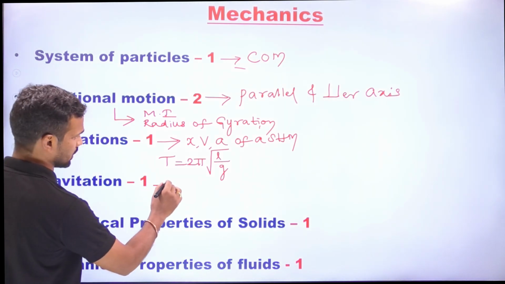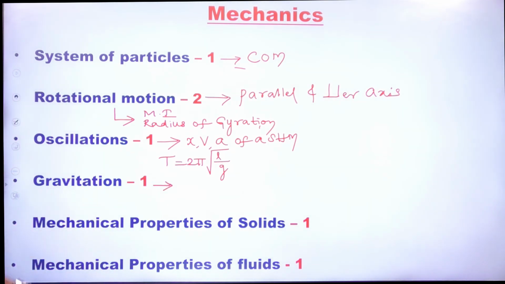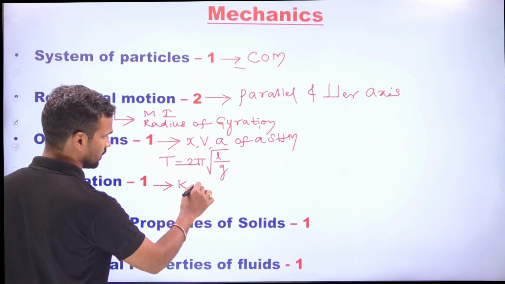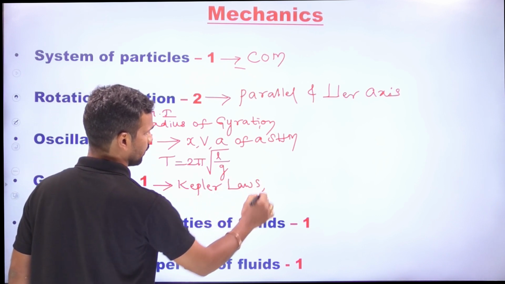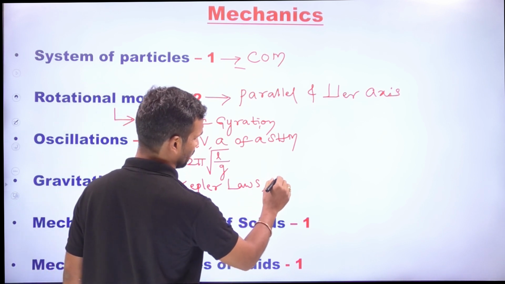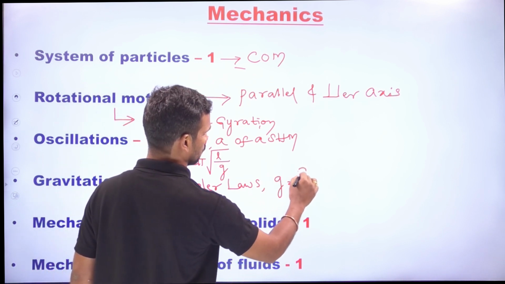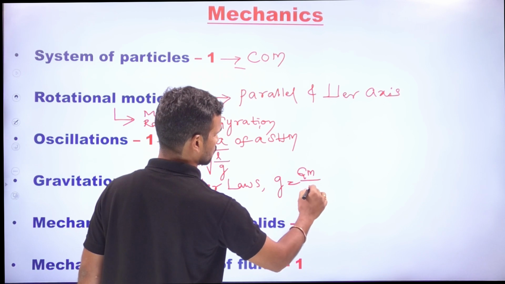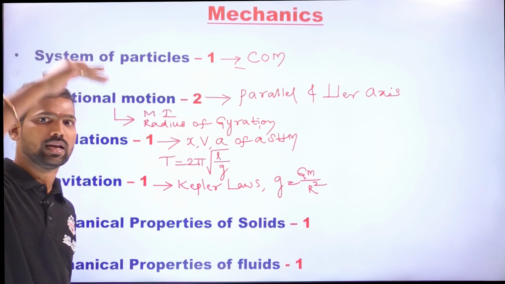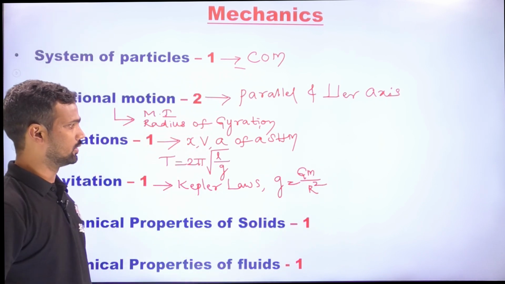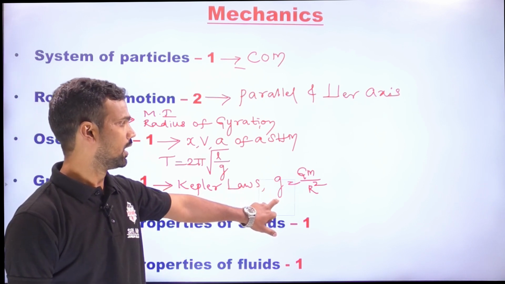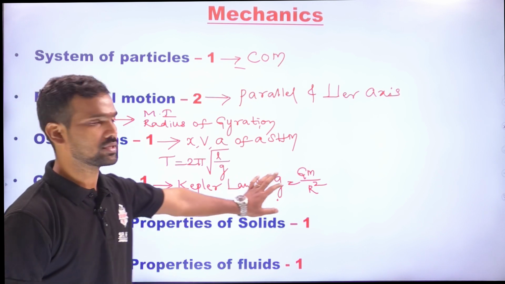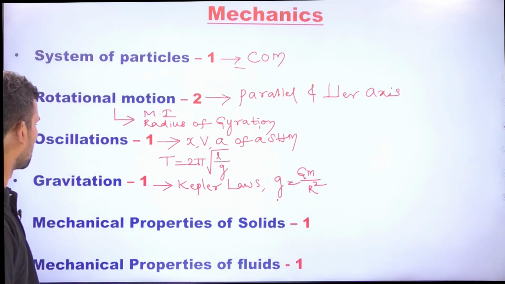In gravitation, what topics are deleted? Kepler's laws are removed here. Next, acceleration due to gravity, small g is equal to GM by r square, and the variation of acceleration due to gravity going a little above the earth or a little below the earth. Also these 2 topics are deleted in gravitation.